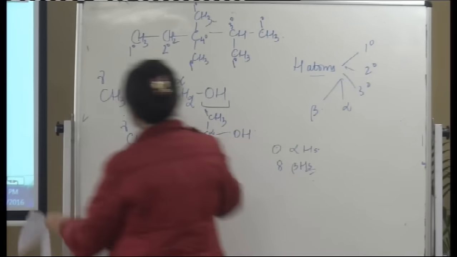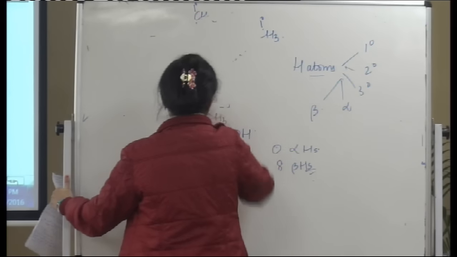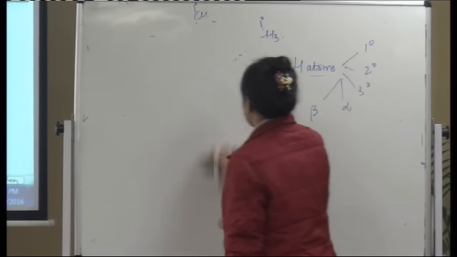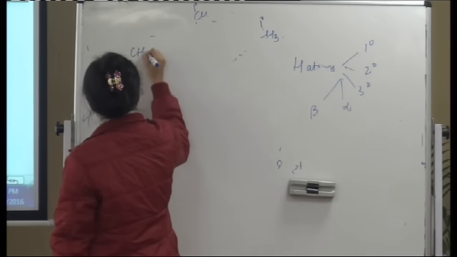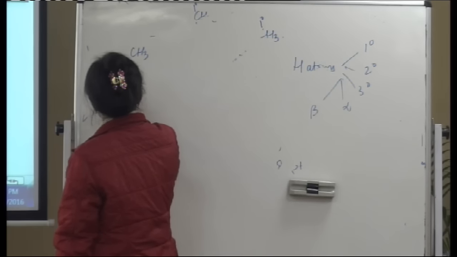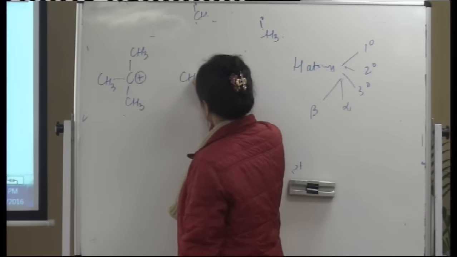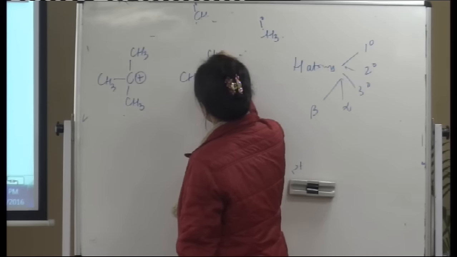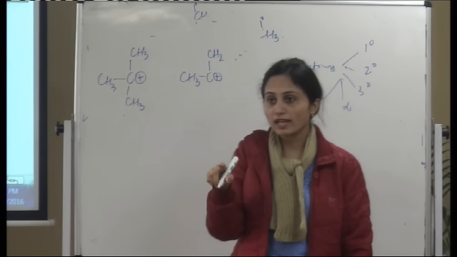Now you have done something in this class only. For the carbocations, you must have studied 3 degree carbocation, 2 degree carbocation. You know that if I take up this one, and you do them especially in your very first chapter, that's haloalkanes.